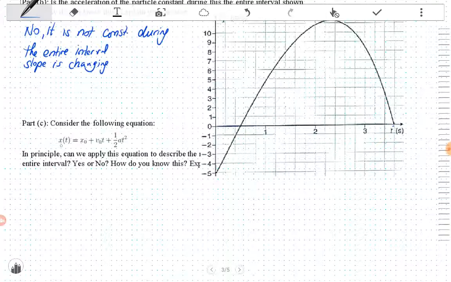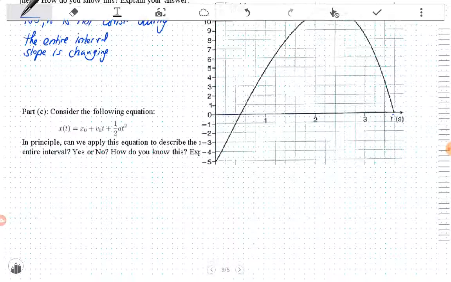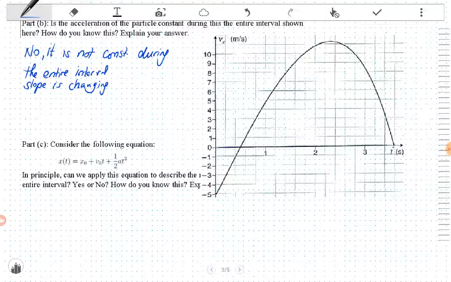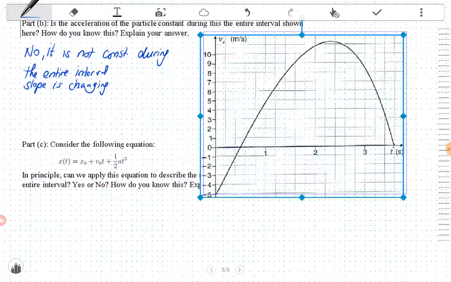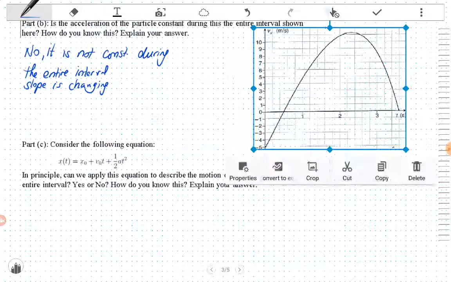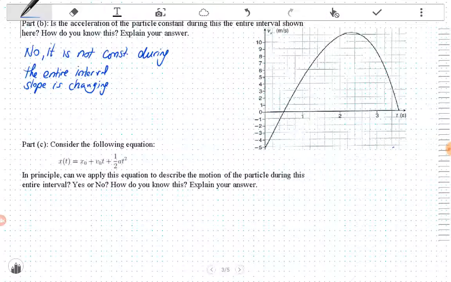It says the equation x equals x naught plus v naught t plus 1/2 a t squared. In principle, can we apply this equation to describe the entire interval? No. We cannot use it to explain the entire interval. Why? Simply because this equation is only applicable when a is constant.